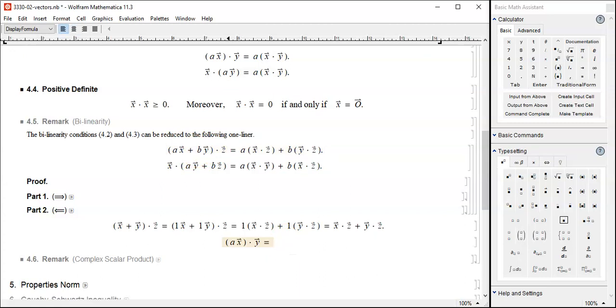So let's write it like this: plus zero times some other character. If I put c, then it may cause a bit of confusion because of the order, so let me just use another character.